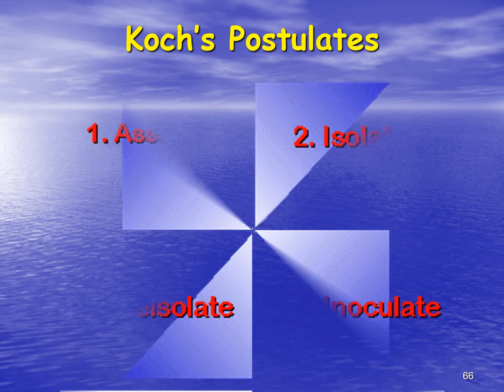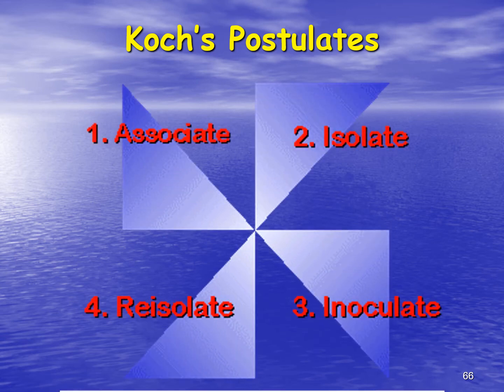And so what we utilize is we associate the microbe with the disease, we isolate it from a sick individual, we then isolate and grow it, and then inoculate it into an experimental organism, and then re-isolate and compare to the original organism we isolated. If they are the same, we can then state that organism caused X disease.